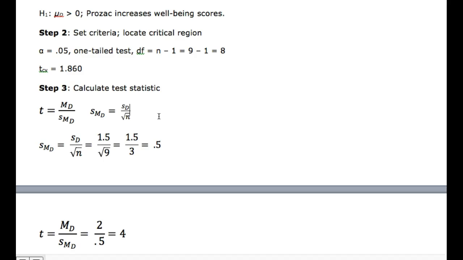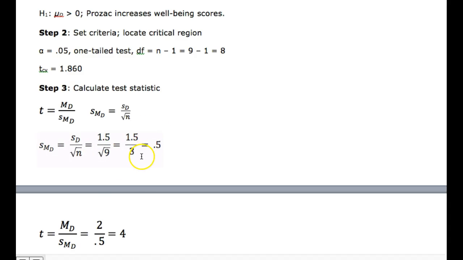So first thing, I always like to do estimated standard error first so that I don't have a fraction inside of a fraction. So our estimated standard error, right, is sample standard deviation, which was 1.5, divided by the square root of n, which is the square root of 9.